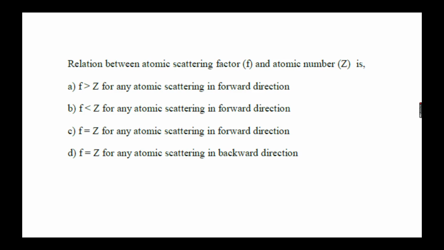If the angle is zero, it means it is moving completely in the forward direction, which is equivalent to F equal to Z. It is related to the angle. What about others? What do you know about the atomic scattering factor?